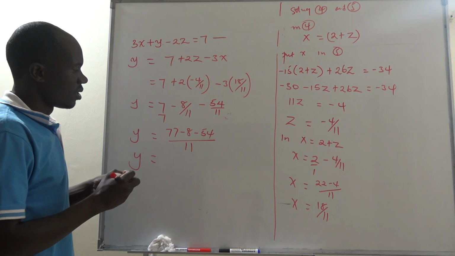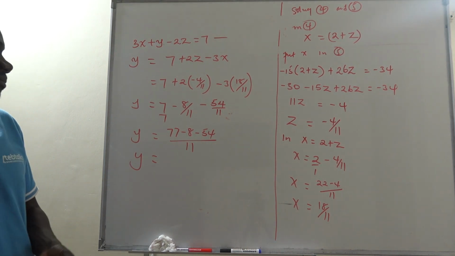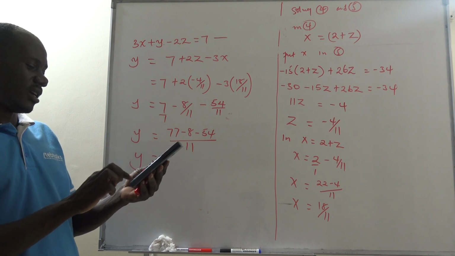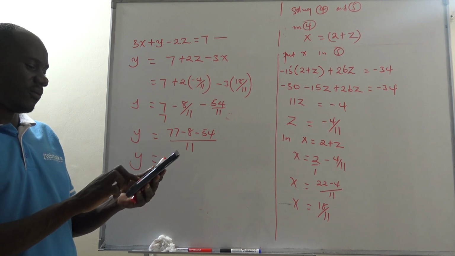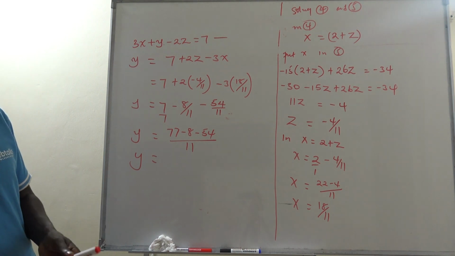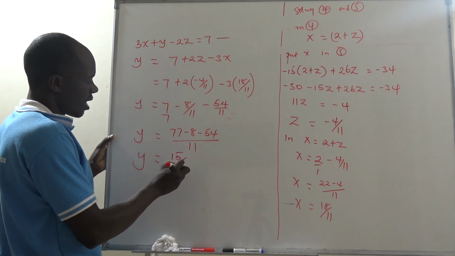If you try to calculate on your calculator, 77 minus 8 minus 54, we are coming out with 15. So our y is 15 out of 11.